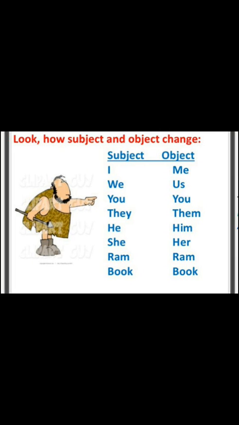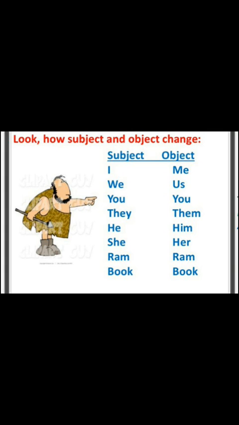Look how subject and object change. Subject I is changed into me. Me is object and I is subject. We is subject and it will convert into the object us. You remains you: as subject and as object it will remain you.